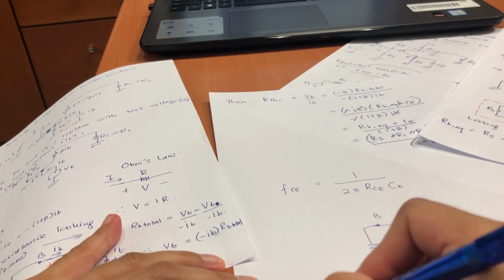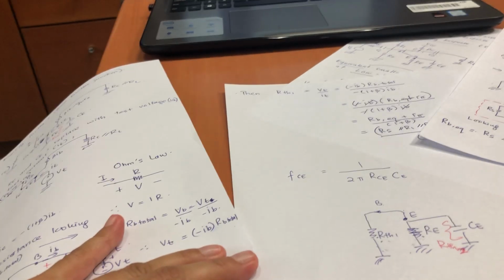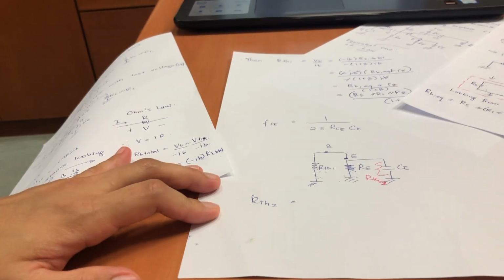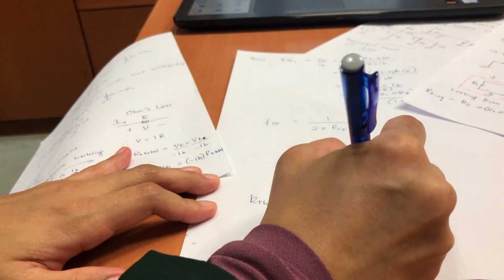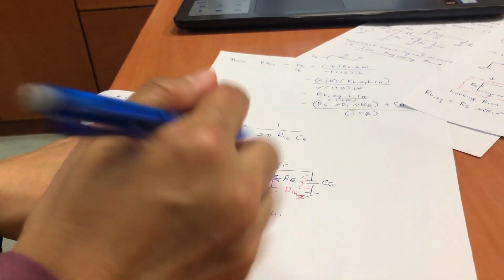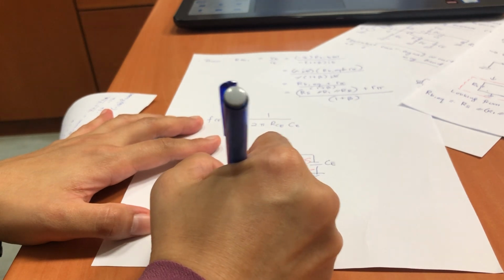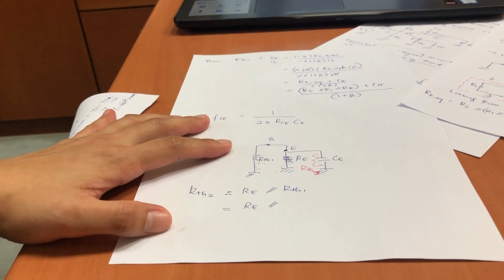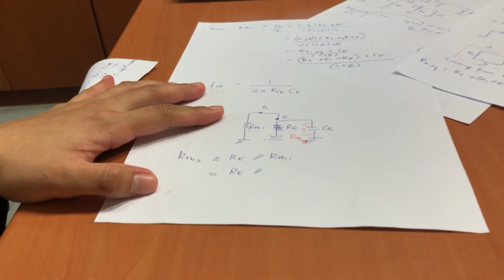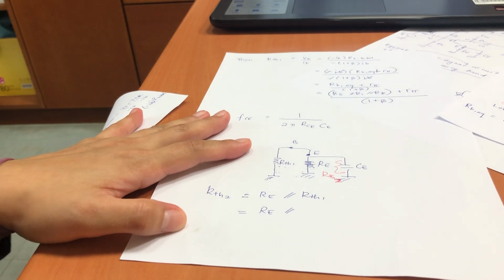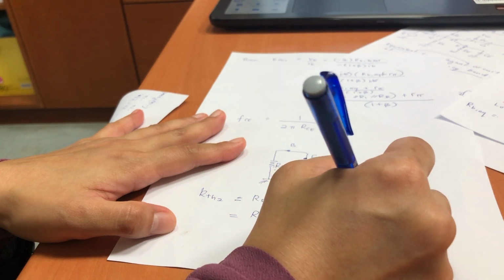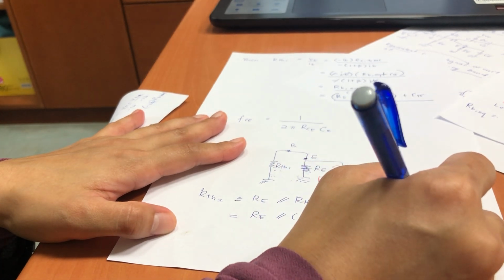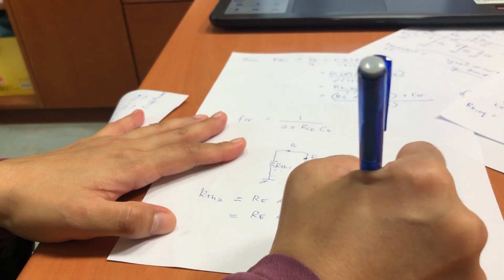Therefore RTH2 equals RE parallel to RTH1. We have RTH1 here, so RTH2 equals RE parallel to RS parallel R1 parallel R2 plus R pi over 1 plus beta.